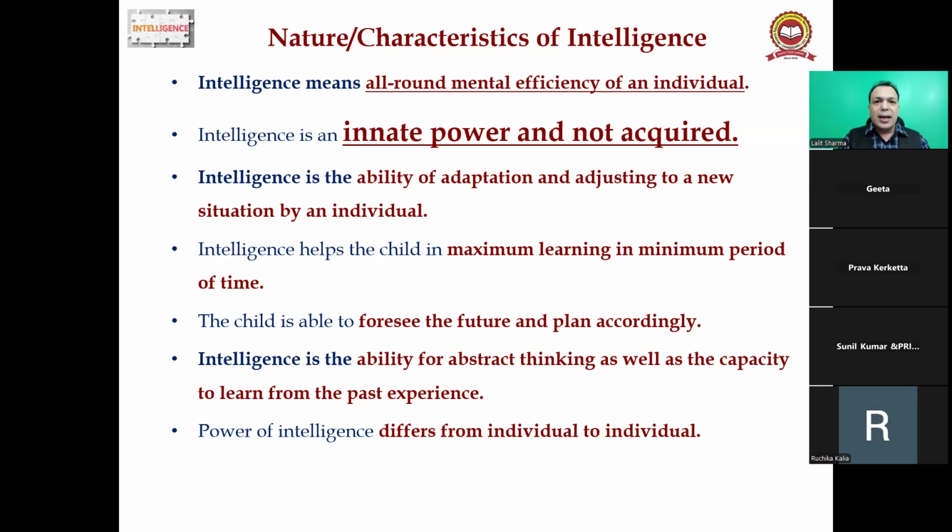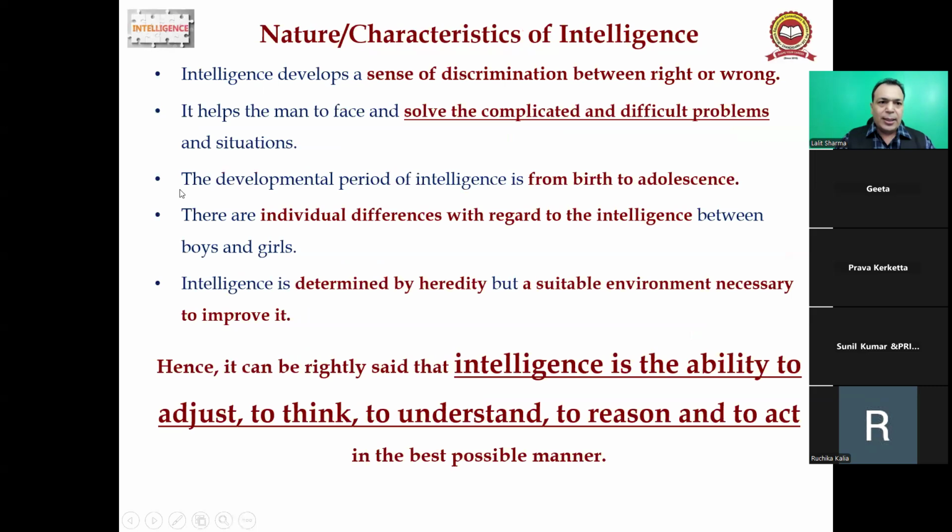No two children have the same level of intelligence. There are individual differences between children. Next, intelligence develops a sense of discrimination between right and wrong. The person who knows which thing is right or not, we call that person an intelligent person.